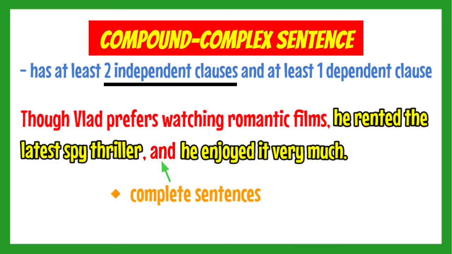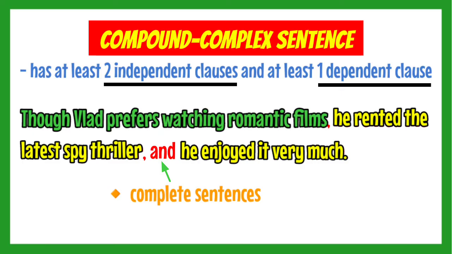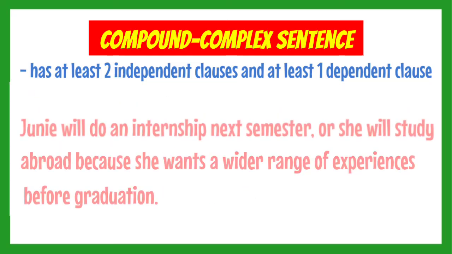Now let us move on to identifying the dependent clause. The dependent clause is though Vlad prefers watching romantic films. As you can observe, it does not express a complete thought, and it is introduced by a subordinating conjunction, though. Clear? Let us have another example.